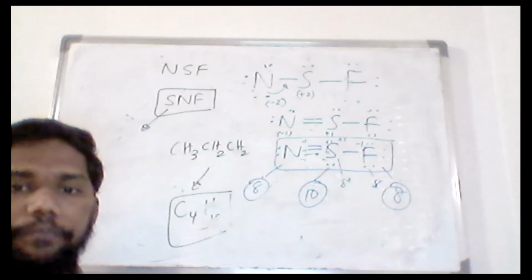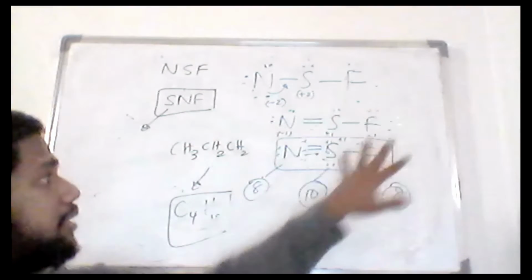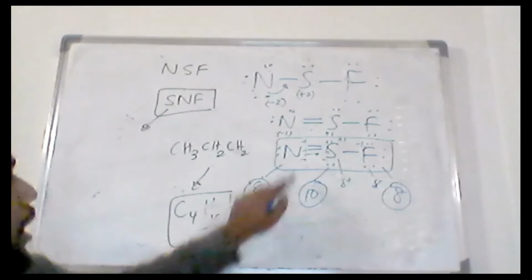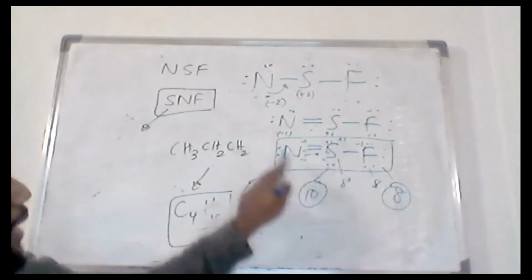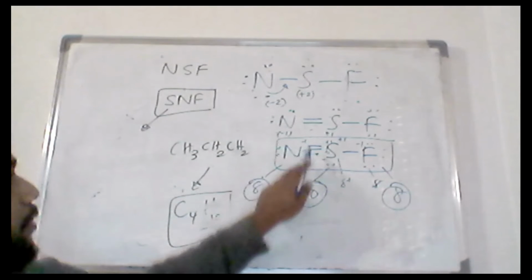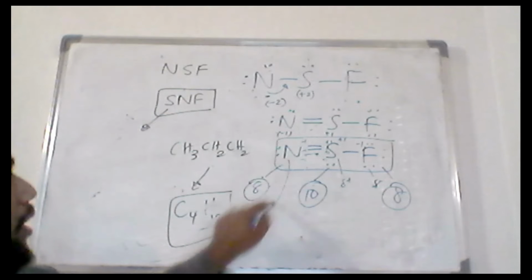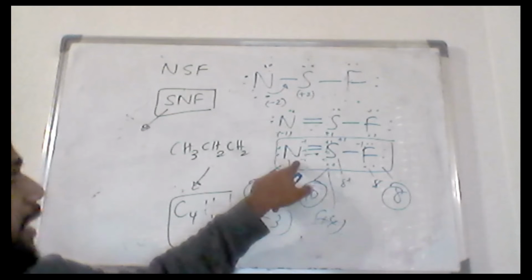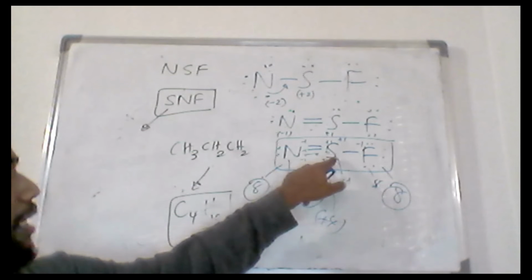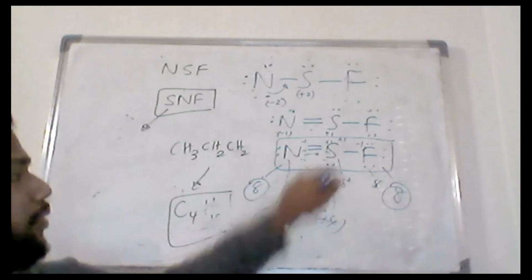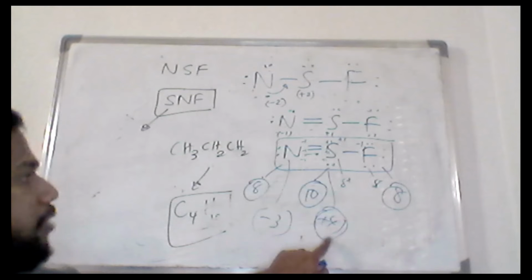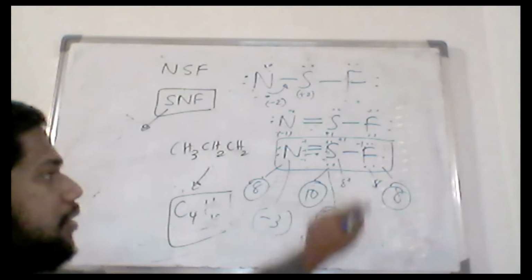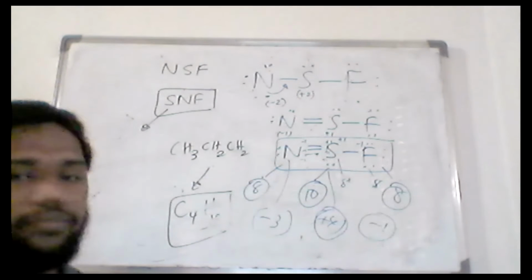Remember that. So according to our description, nitrogen is more electronegative, so this one will be -1, -1, -1. This one will be -3, and this one will be +4, because -3 from nitrogen, here +3, -1 from fluorine, +1. So +4 oxidation state for sulfur, and for fluorine the oxidation state will be -1.